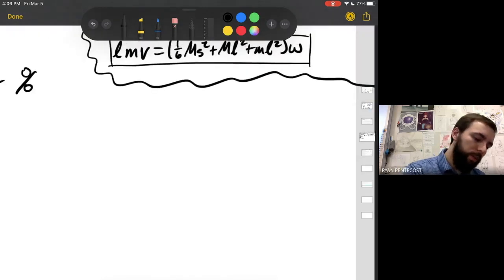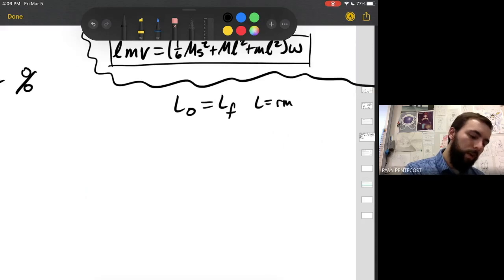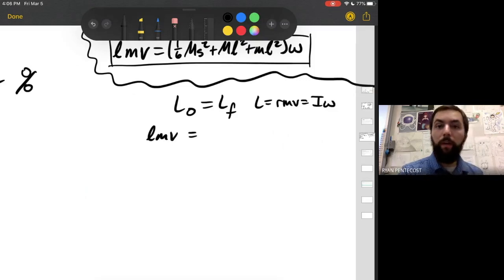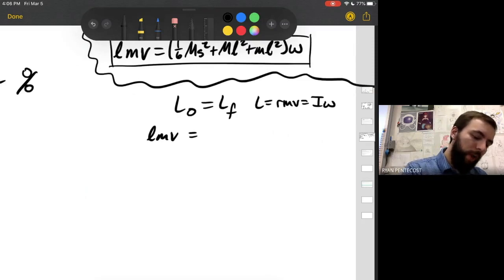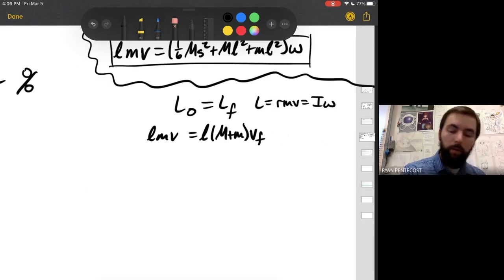So this stems from the fact that L naught equals LF and that L equals RMV and I omega. So we already established that LMV is the initial angular momentum. However, the final angular momentum can be described as L times big M plus little m times V final, right?